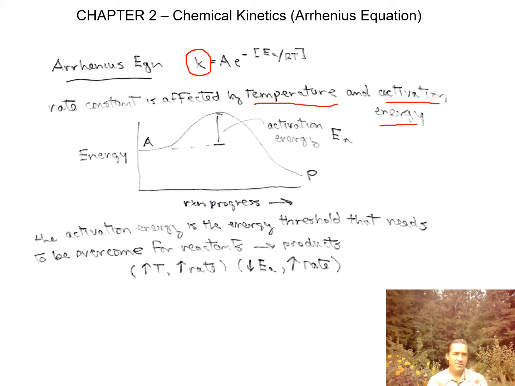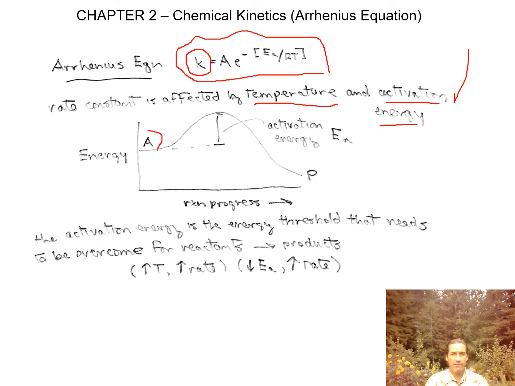This is pretty intuitive to you. You know that reactions are faster at higher temperatures, and that is explained by this equation. Secondly, if you lower the activation energy, you will speed up the reaction.